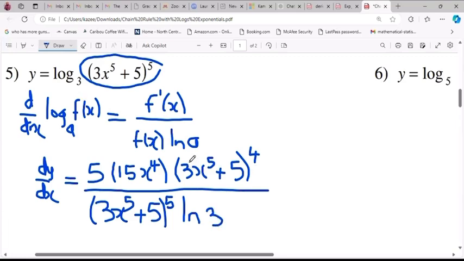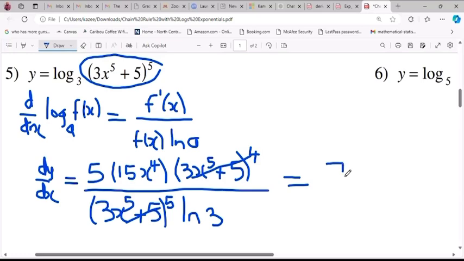Now I just need to simplify. If you take a look at this guy here and this guy here, this is raised to power 4, so this can cancel one of that. What is 15 times 5? To the best of my knowledge, it should be 75.